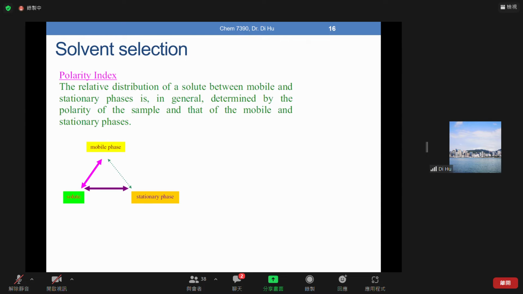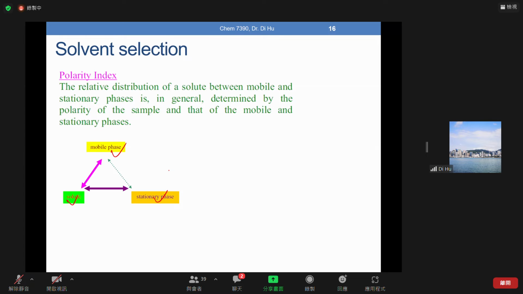Polarity index matters because successful chromatography really depends on the interaction of the analyte with the mobile phase and also the stationary phase. You have to have a proper balance of these intermolecular forces among these three participants: analyte, mobile phase, and stationary phase.